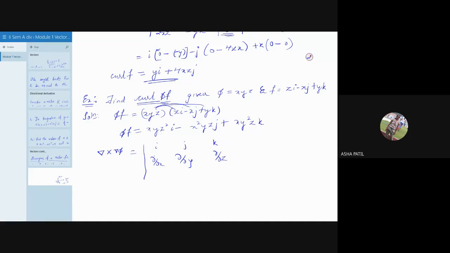Let them be in the same column. I component x y z square, j component minus x square y z, and k component is x y square z. Tell me the answer.